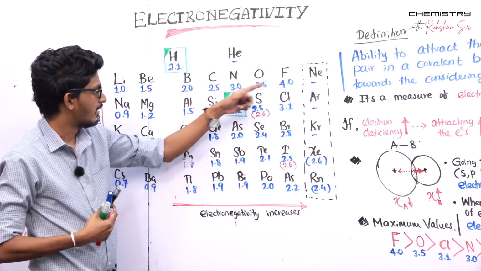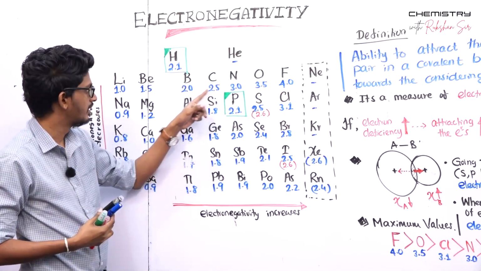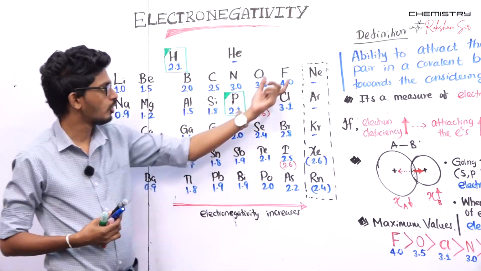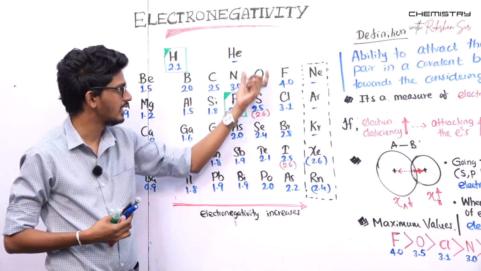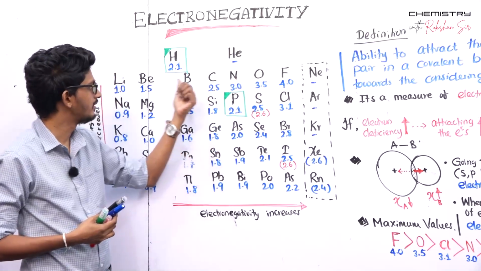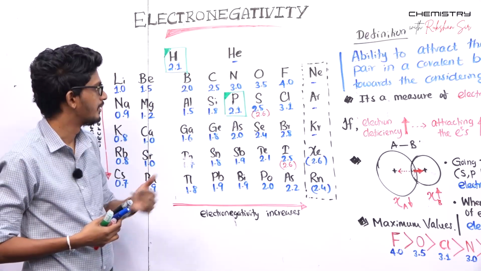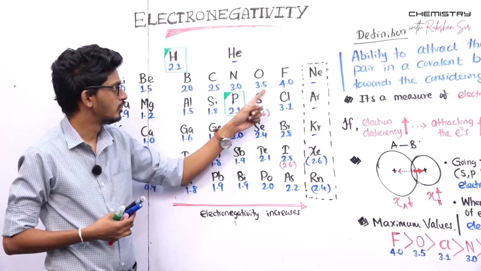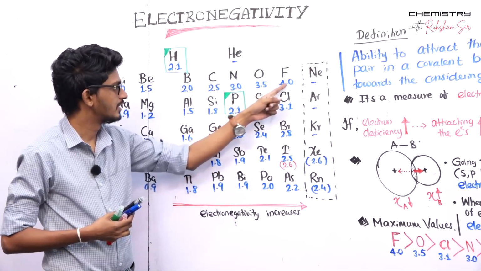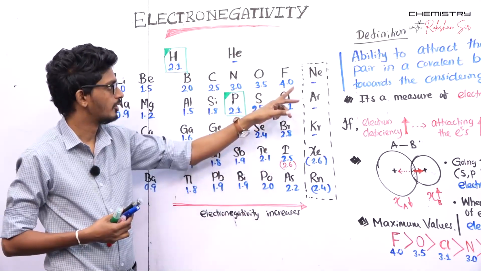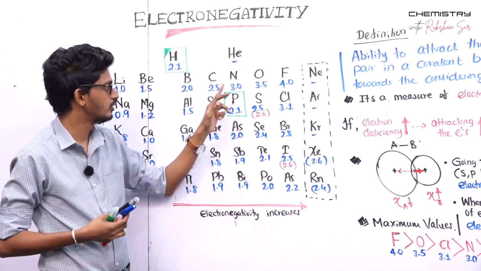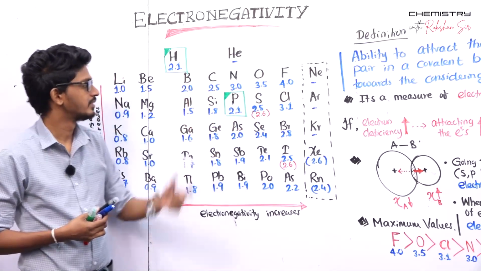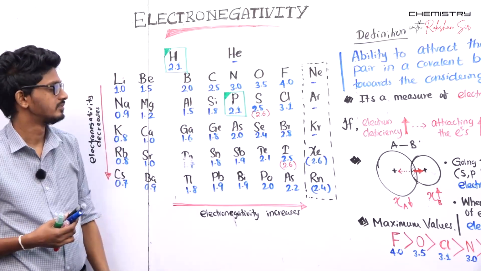If you know fluorine's number and oxygen's number, that is enough to come up with all the numbers in the second row. Just decrease by 0.5 units each time: 4.0, 3.5, 3.0, 2.5. Just know that as well.